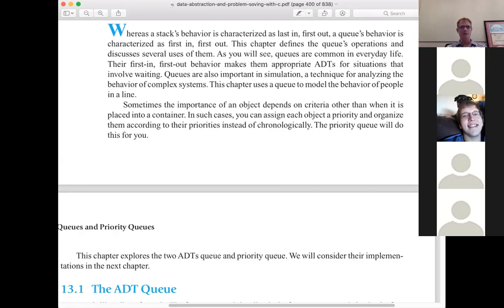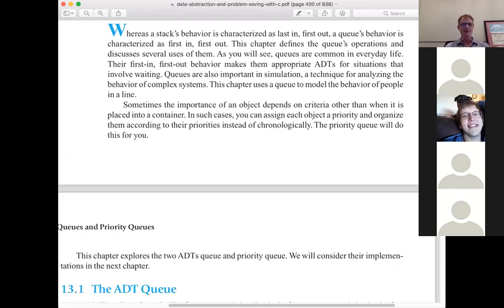So where a good real world illustration of a stack would be a stack of plates in a cafeteria, for example, a real world example of a queue that typically comes to mind would be people standing in line. People standing in line at a grocery store looks a little differently these days than it did a year ago.